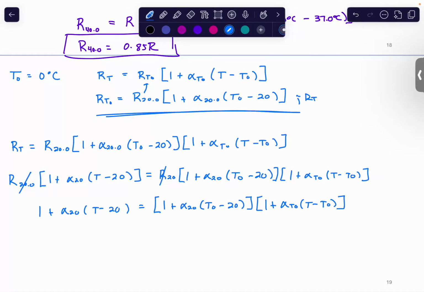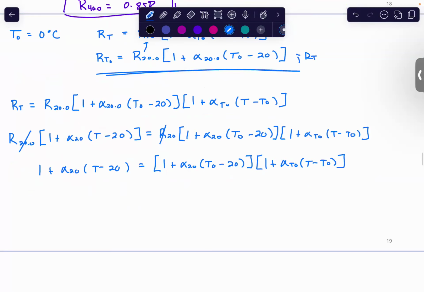Now, here you could go ahead and factor those two together. That's going to end up giving quite a bit of algebra to do. I decided to use another one of our little physics tricks to make this easier on myself. So what we know, we have a system of T's, T0s, and 20s, 20 degrees Celsius. So what can I do? So on the left side here, what I'm going to say, it's going to be 1.